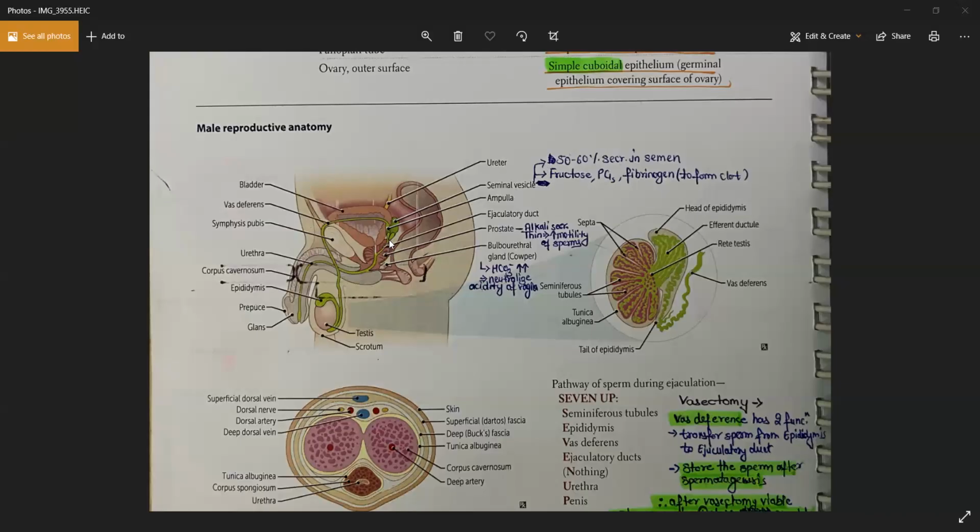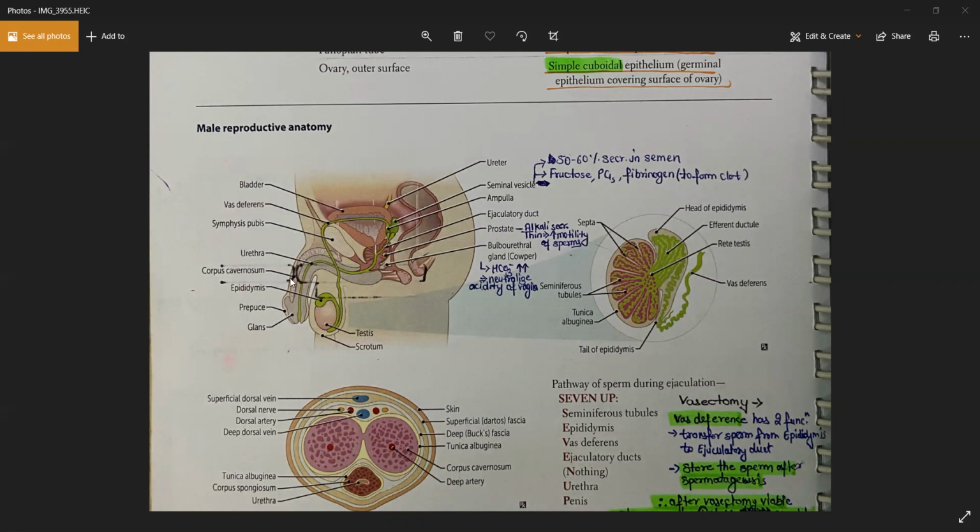And now this ejaculatory duct will combine with the duct from the urinary bladder, and they will combine to form the urethra again. And this urethra also contains the secretion of the prostate gland. As you can see, the urethra passes through the prostate gland, and finally it enters into the penis.